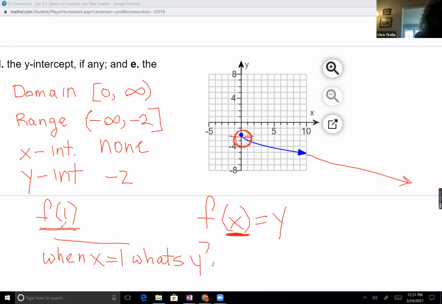F of 1 is a shorthand way of writing that: in the x place I've got 1, what's the corresponding y value? -3. Beautiful. So with function notation, the value in the parentheses is our x value, and what f of x equals is our y value.